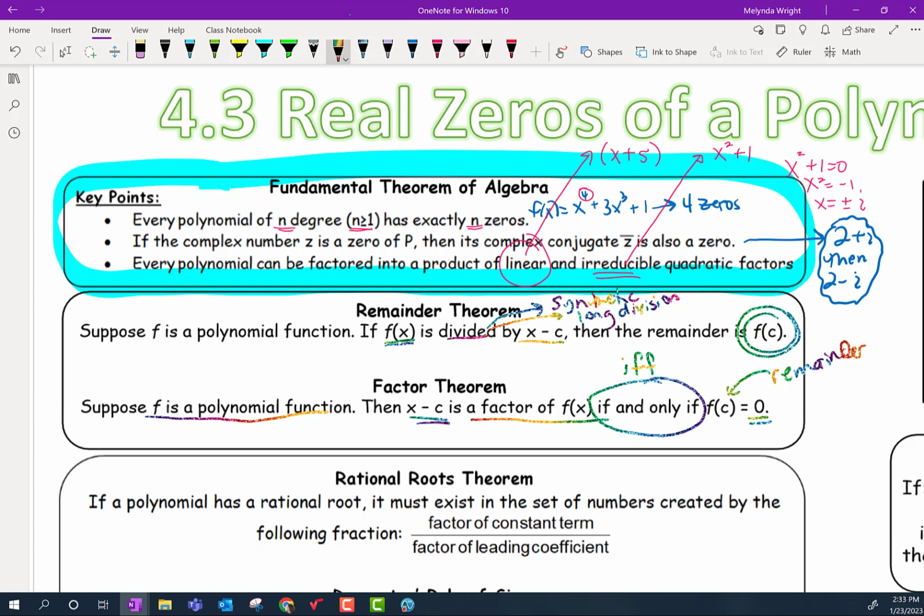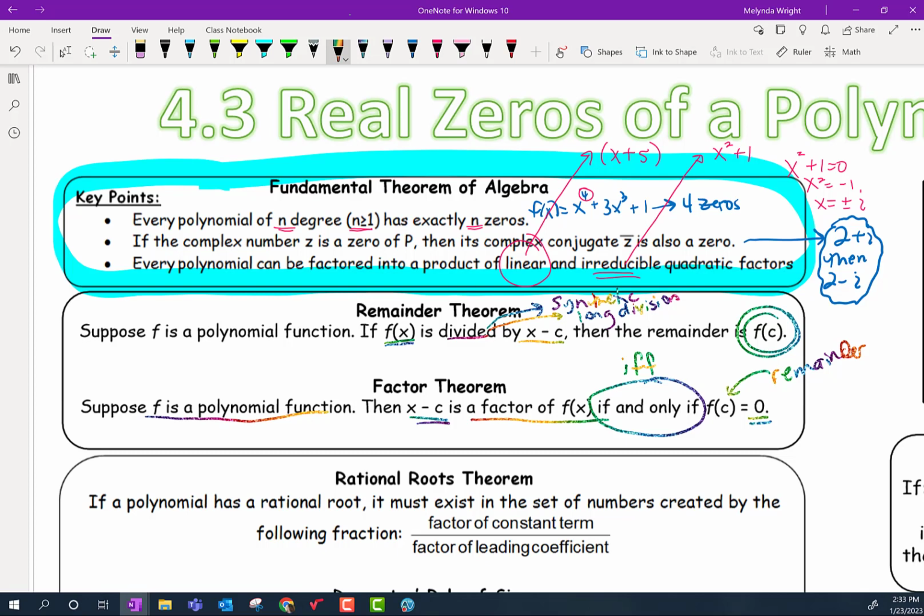That's what tells us if x minus c is a factor: if the remainder is 0. So when you're doing synthetic division or long division, either one, and you get a remainder of 0, then you know that you divided by a factor of the function.